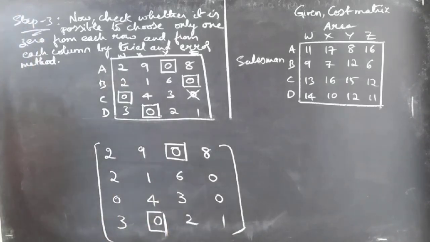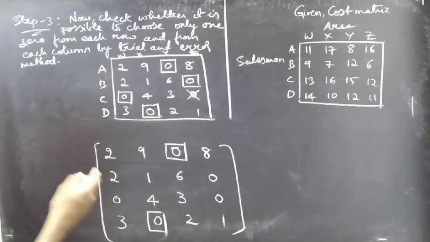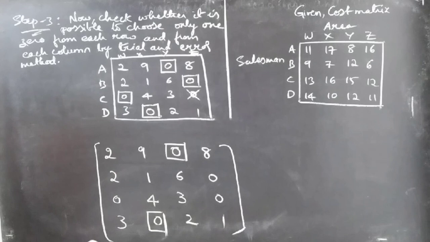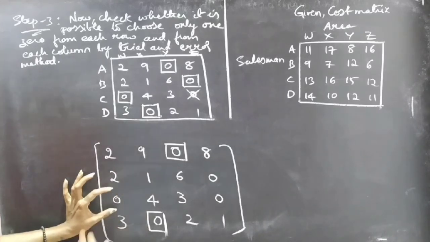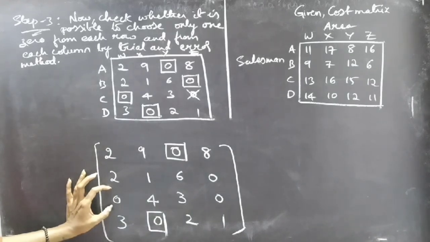Fine. Now coming to columns, just observe which column is having a single 0 now, which is not assigned. So in the first column you have one 0 which is not assigned, right? And you have no other option, we have to assign a single 0 from each row and each column, right?